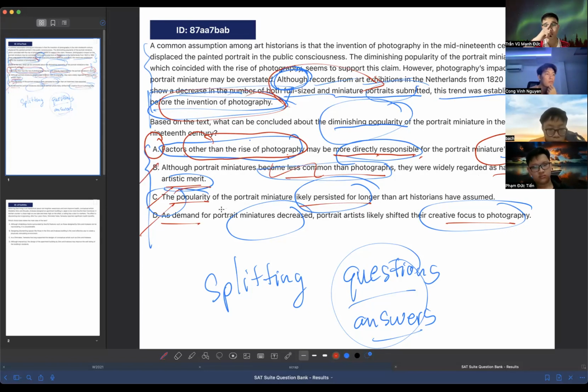Okay, so that is how splitting the question or answer is not the way for you to eliminate what is not important. It's just one way for you to read the options and read the questions quicker. You circle in the important details. On your computer, you won't be able to circle like I did, but you can do it with your eyes, because that is essentially how most SAT test takers do it.